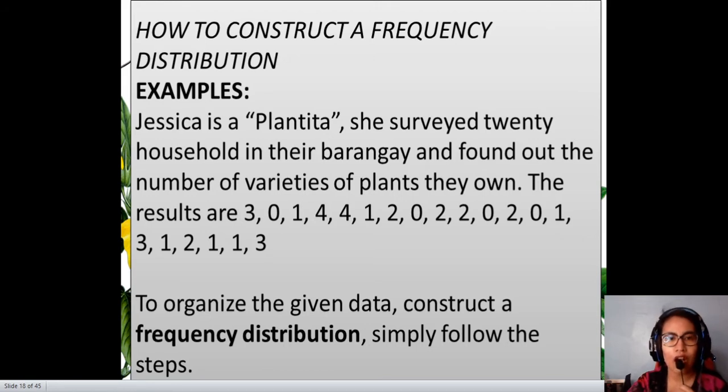The results are 3, 0, 1, 4, 4, 1, 2, 0, 2, 2, 0, 2, 0, 1, 3, 1, 2, 1, 1, 3. To organize the given data, we need to construct a frequency distribution, simply follow the steps.